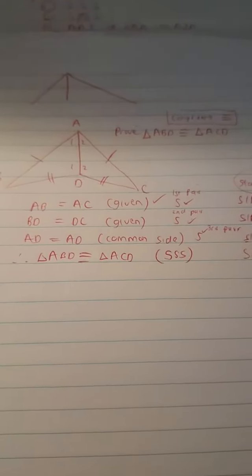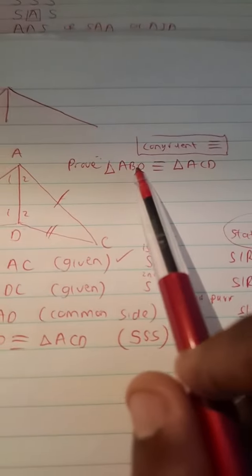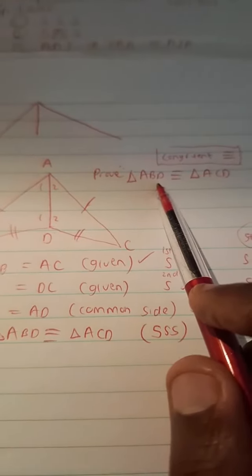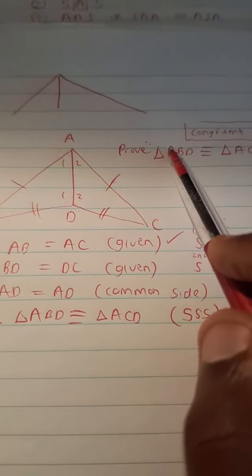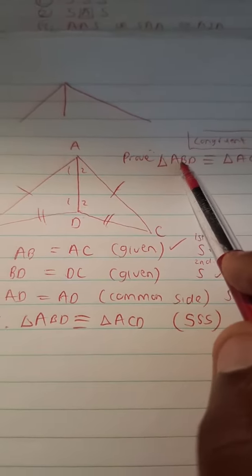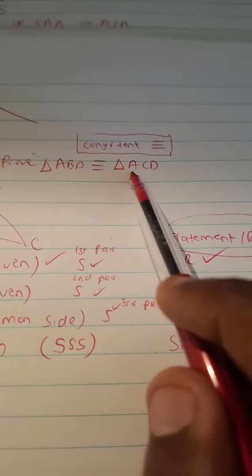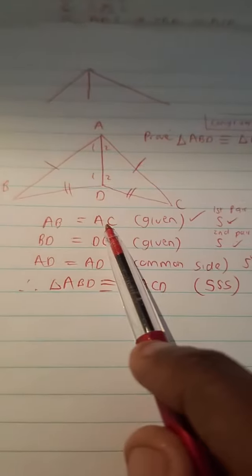Guys, can I also show you something? If you look at the order of what they said you must prove, please take note of what I'm going to now show you. AB, you see this AB? Look at the other triangle, the first 2. AC, look, AC.